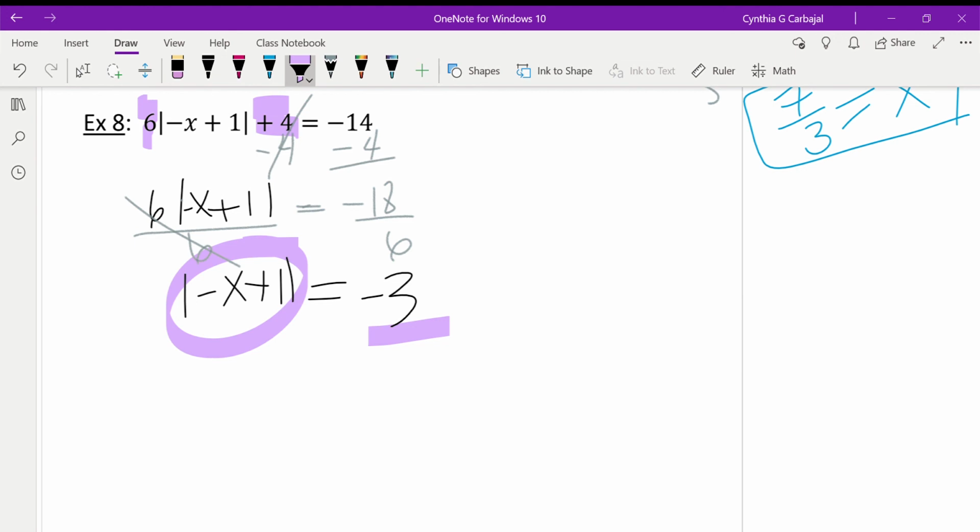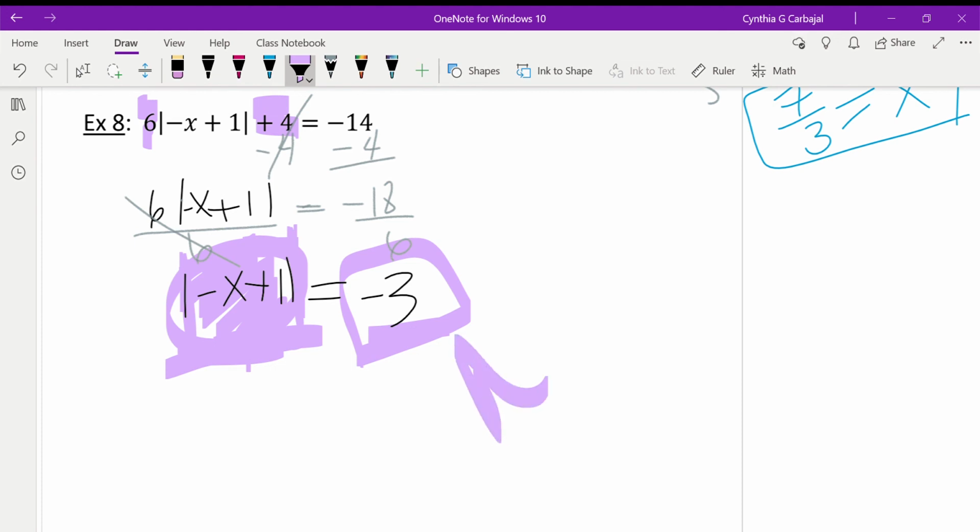So if you're left with absolute value signs, and whatever's in here is not that important, but you look on the other side and it's negative, then this is not possible. You cannot solve. Why? Because the absolute value of any number should always be positive before we start solving.